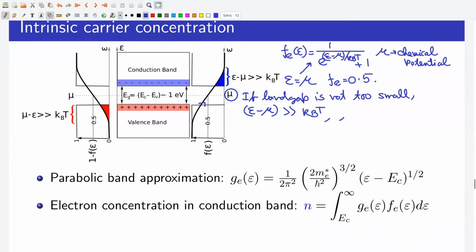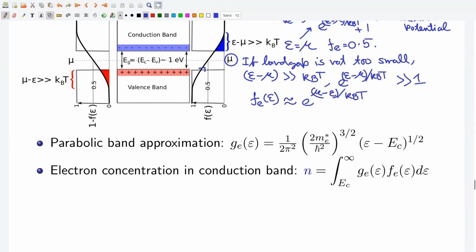That is, exponential E minus mu divided by kBT is much larger than 1. Thus, we can approximate the Fermi-Dirac distribution as e power mu minus E divided by kBT.